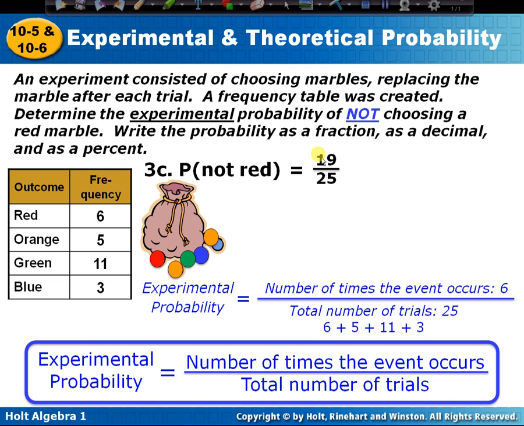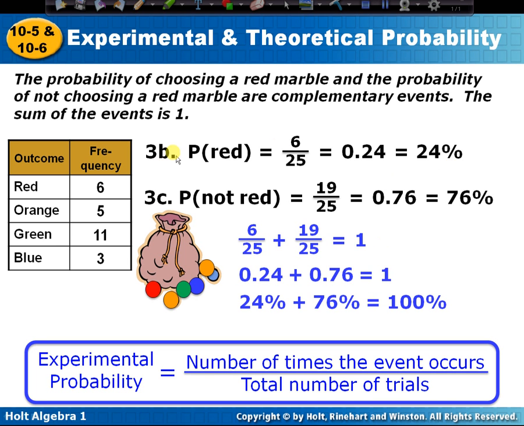So we're going to write that as a fraction, 19 over 25. We're going to divide that out to make it a decimal, 0.76. We're going to multiply it by 100 to turn it into a percent. It's going to give us 76%. So in our experiment, 76% of the time, we pulled something other than a red marble out of the bag.